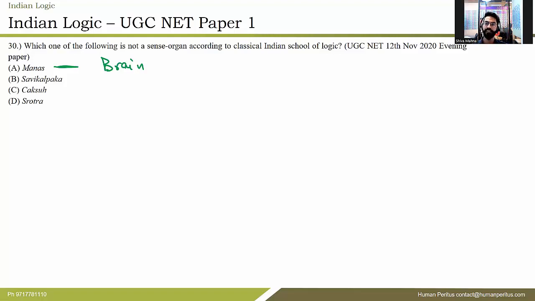Okay, so it is considered as a sense organ. Chakshu is your eyes, how you see something. Shrot is ears, how you hear something, right? So these three are your sense organs. Savikalpika is not a sensory organ. Okay, correct answer is B.